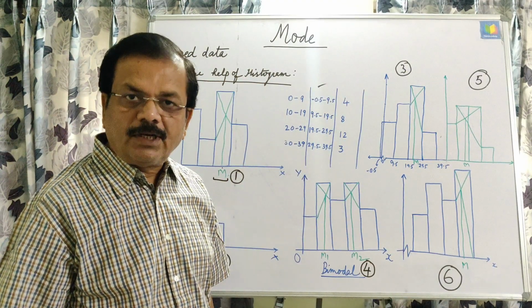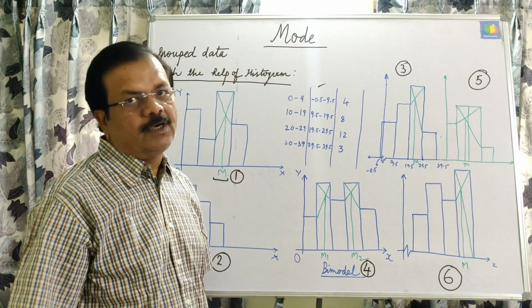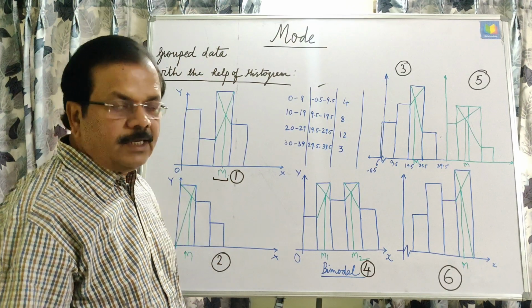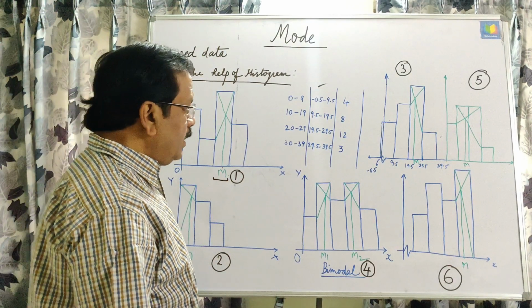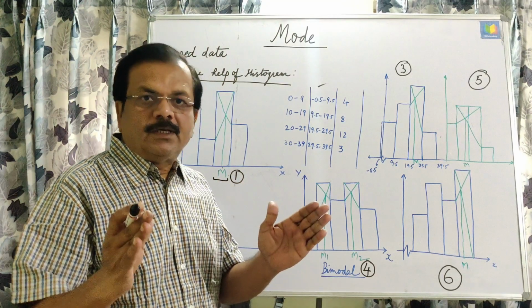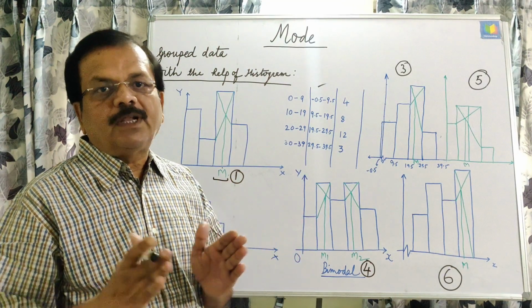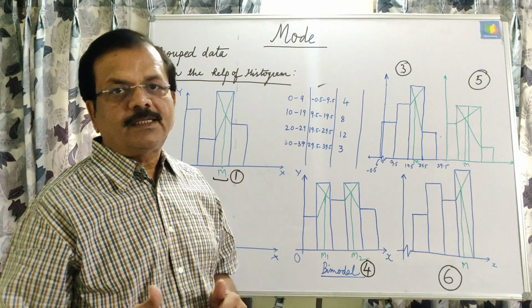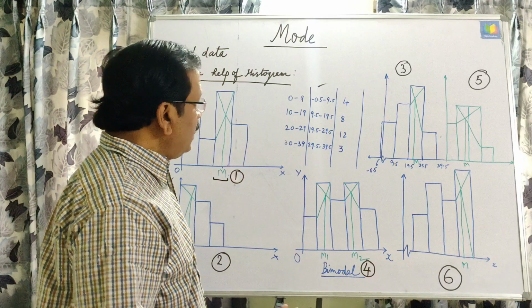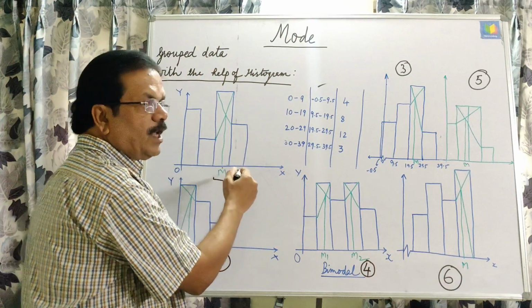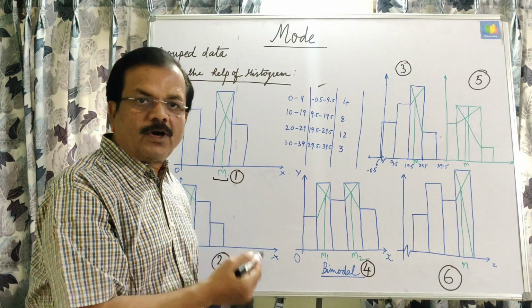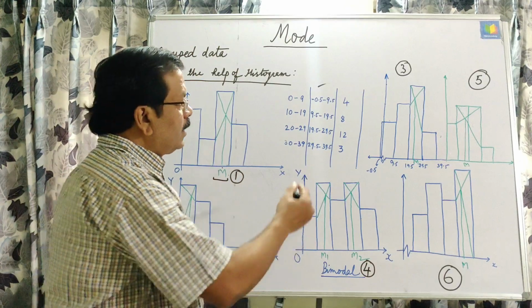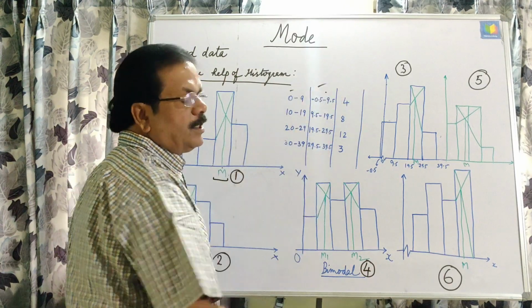If it is not continuous, then make it continuous, because in a histogram all the blocks touch one another, but in a bar graph the blocks are separated. We are able to draw a histogram only when the class interval is continuous.